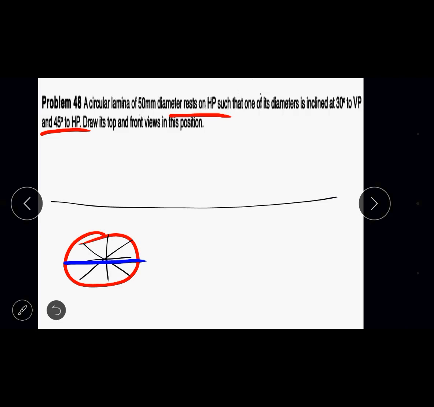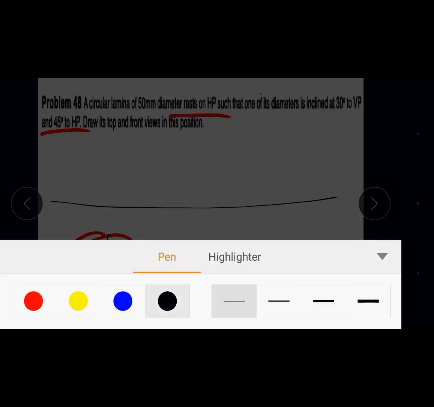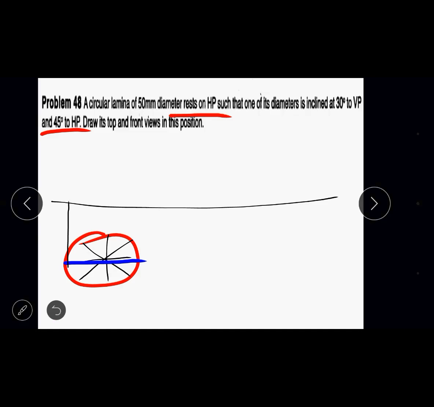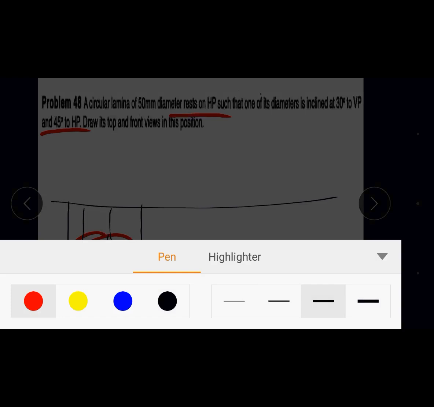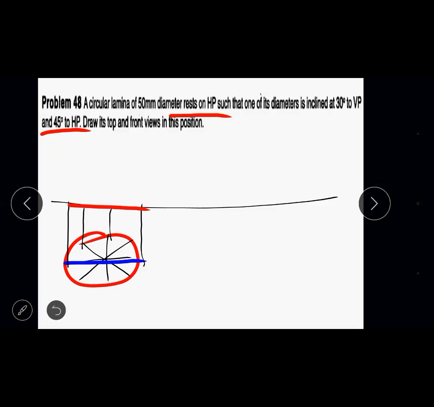When you draw the projection line, the front view of the circle will be equivalent to the horizontal diametral line. You can see the front view of the lamina is equivalent to the diameter of the circle. So this is the first step. It is resting on HP, so take the horizontal diameter of the circle as reference.